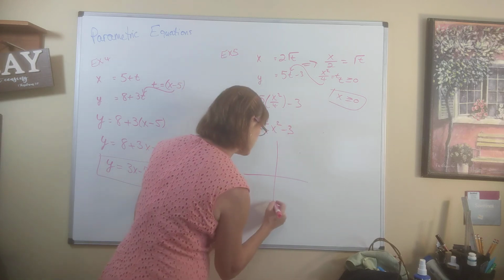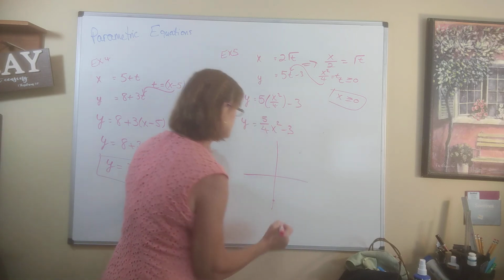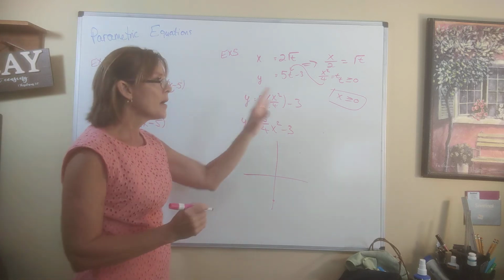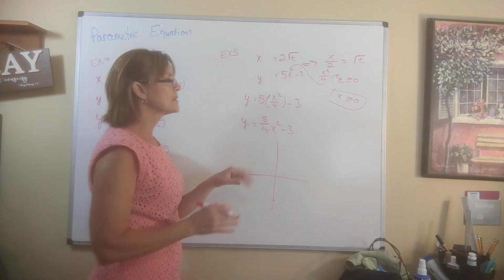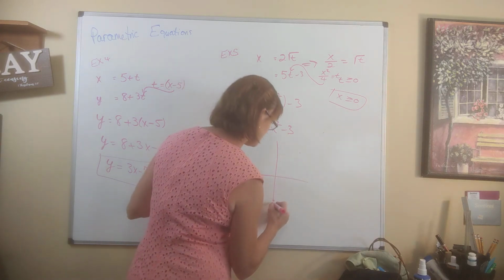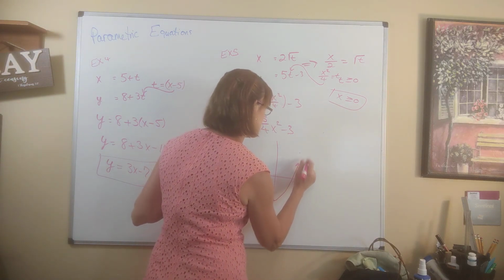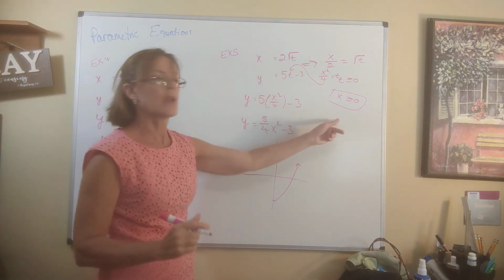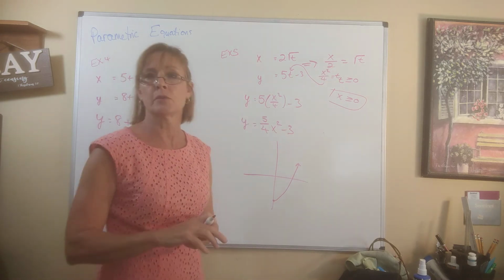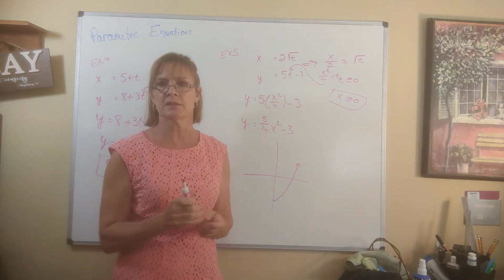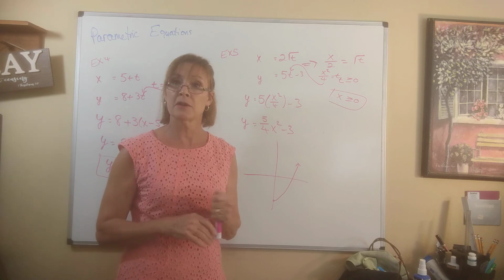This is a parabola that's been shifted down 3 and stretched vertically by 5/4. But here's the deal. We're going to plot this, but it will only be the right side that gets plotted because the domain of x was affected by what we started with, t. So we have to pay attention to that. All right, that's parametric equations.